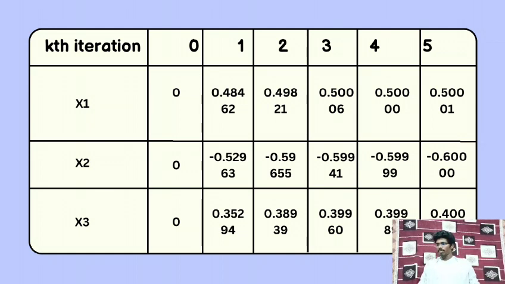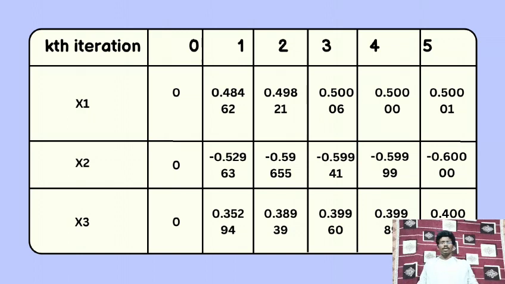For x2 of 2 equal to 1 divided by 27, whole multiplied by minus 14.3 minus 3 into 0.48462 minus 1 into 0.35294, giving us minus 0.59655. For x3 of 2 equal to 1 divided by 17, whole multiplied by 6 minus 2 into 0.48462 minus 3 into minus 0.52963, we get the answer as 0.38939.